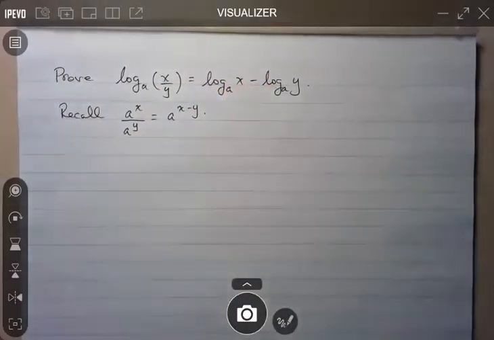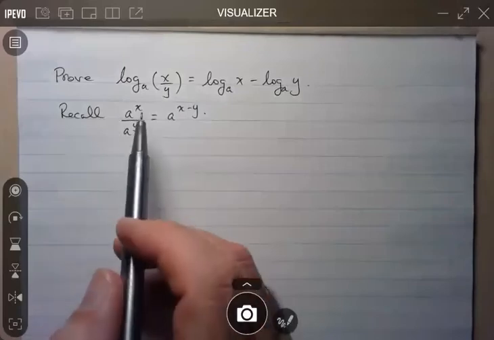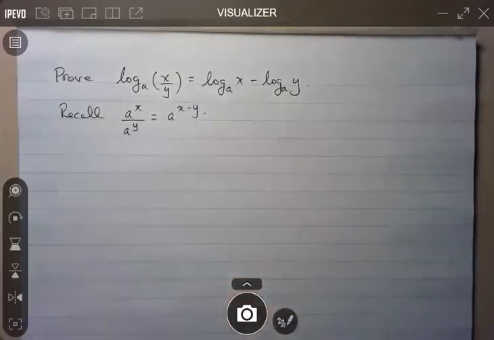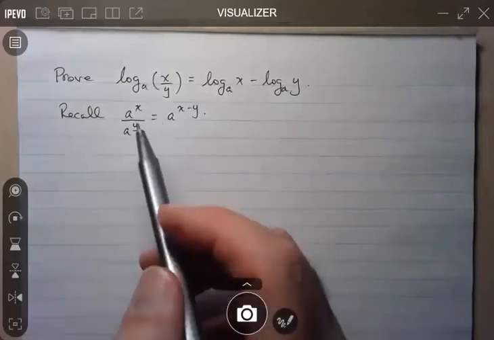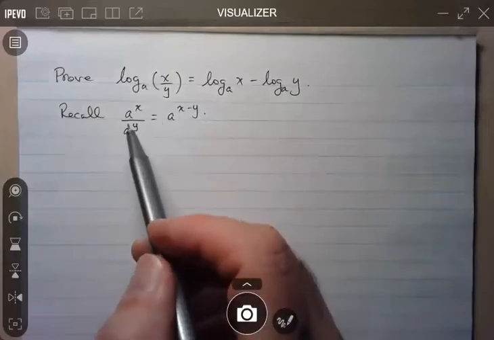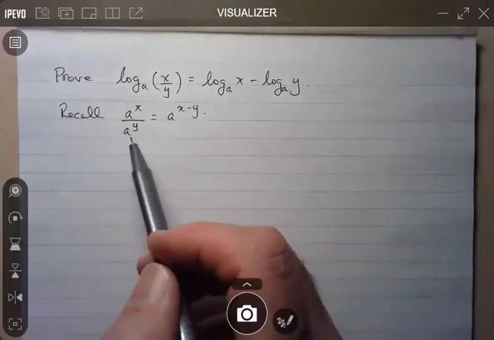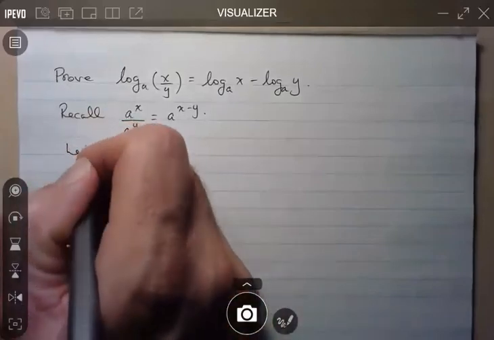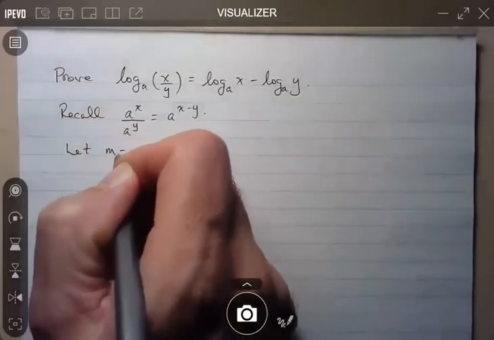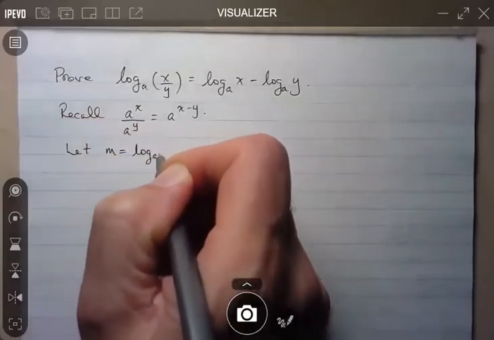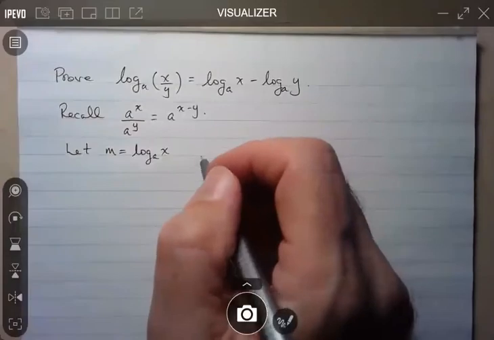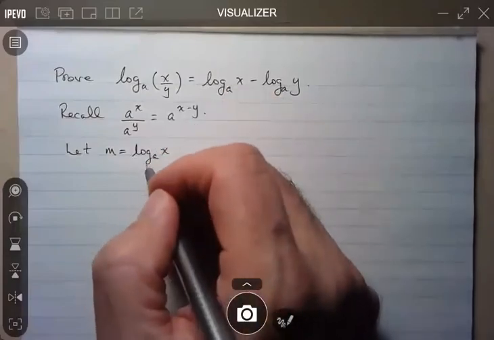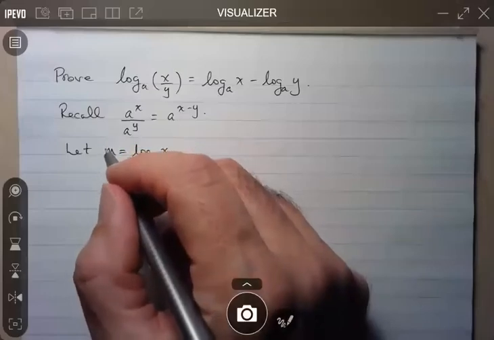We said, I want to find something to do with logarithms that's going to be related to this second law of exponents. Since we're working with two exponential expressions in the exponential law, we decided it made sense to start with two logarithmic expressions in our proof. So we said, let's take a logarithmic expression. Why did I give it the name m?